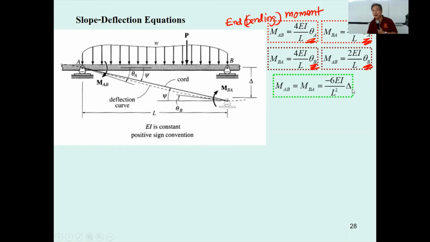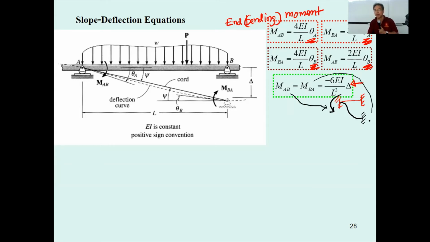And then another one is due to the delta. I will mention this later from the fixed end moment table. This comes from when you fix the two ends, and you let one of the portions on the right have the settlement, and the deflection of the beam is like this, and the moment that occurs here is going to be M sub AB.